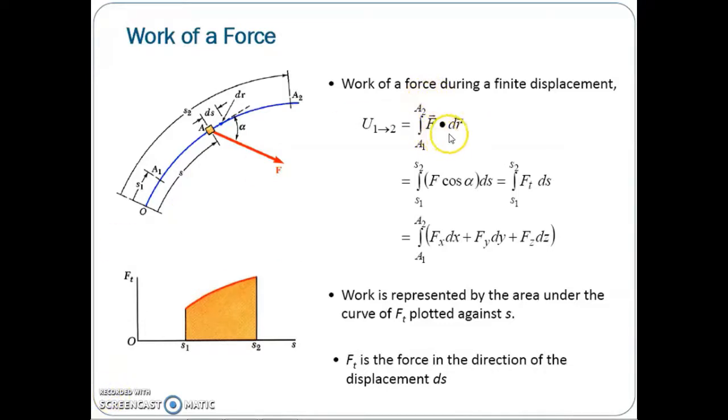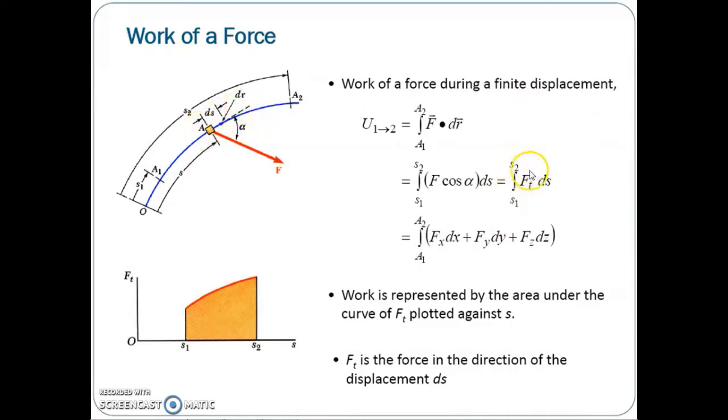The scalar product F dot dr can also be represented by F cos alpha ds that we have discussed earlier. And this F cos alpha is represented as the tangential component Ft of the force, which is this one along the curve.